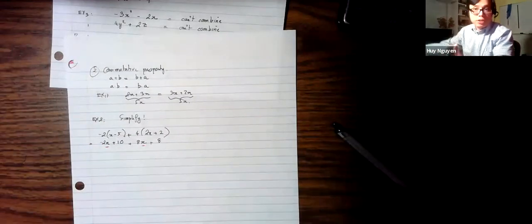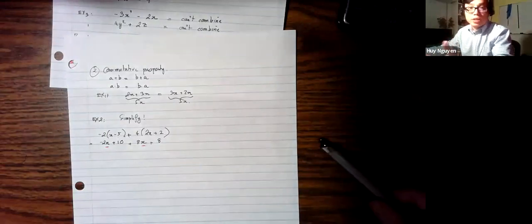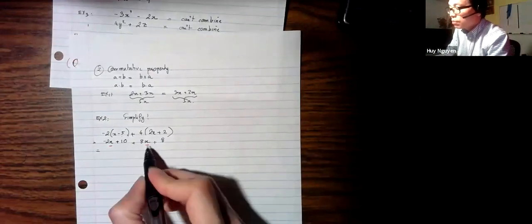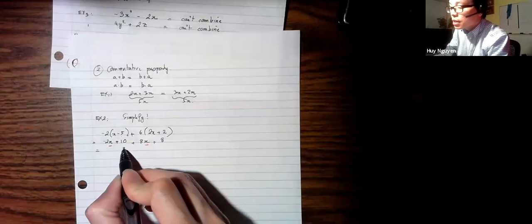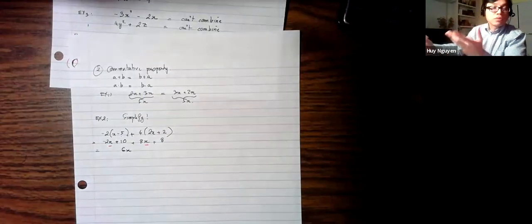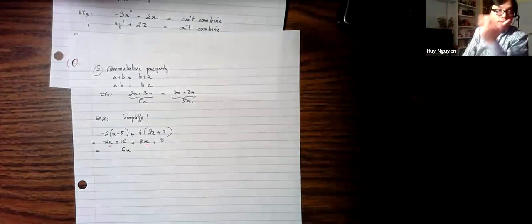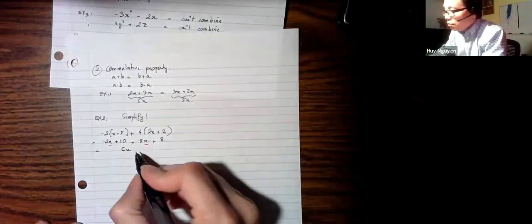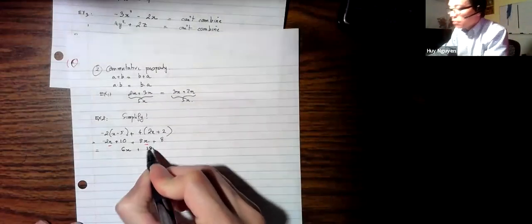It means they are similar to each other, and because they are similar, I can combine them. -2x plus 8x gives you 6x. And -2 plus 8 equals 6. Everybody knows how to add and subtract positive and negative integers. It's in Math Development 1. Okay, 10 plus 8, 18.